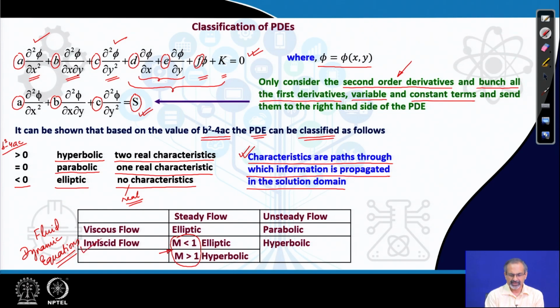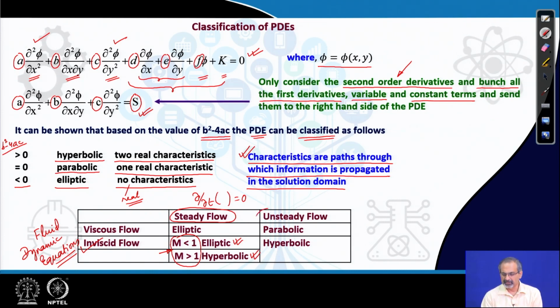When the flow is inviscid in nature, a subsonic Mach number flow of a steady kind, you may recall that the time derivative terms go to 0, and the equations behave in an elliptic manner. That means there are no real characteristics, no directions along which information can propagate. Probably information will propagate along all possible directions, we will see later. And then in supersonic conditions, it becomes hyperbolic, that means it has real characteristics, 2 of them typically for an equation of this kind.